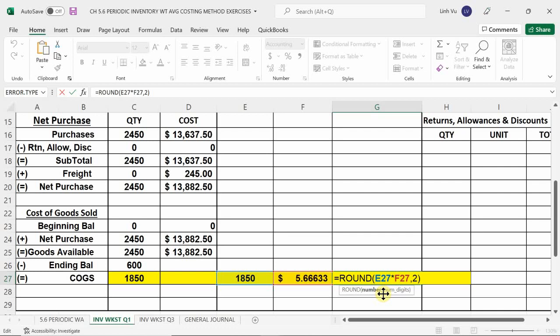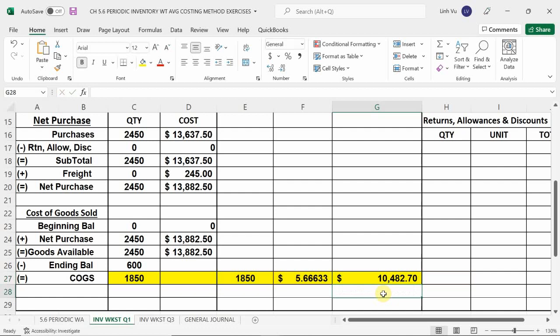I'm going to end that section of the argument with a comma. Then the next section is how many decimal places you want this answer to round to. And we said 2 because we want to the nearest penny. We want the cents to be there. So we put 2, then we end our parentheses and enter, and that's going to give us a rounded answer. So there you go.